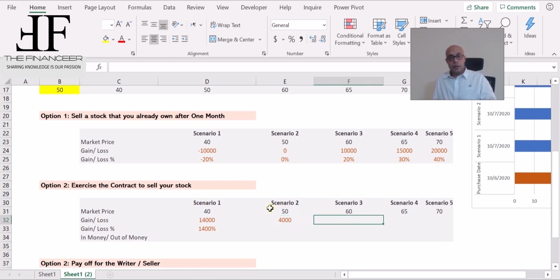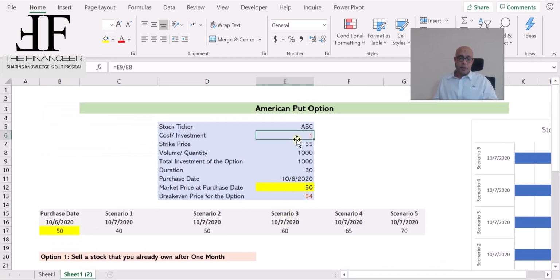Starting from the third scenario, the market price is $60 and the exercise price is 55. So the question here is, which is more beneficial for you? Exercising the option and getting $55 or selling in the market and getting $60? Simply the answer is not to exercise the option but to sell in the market.